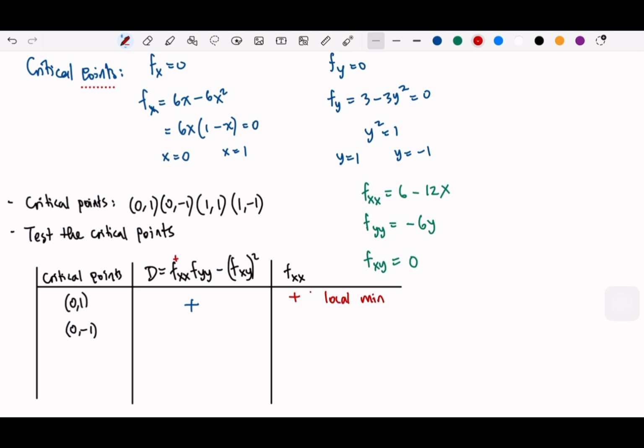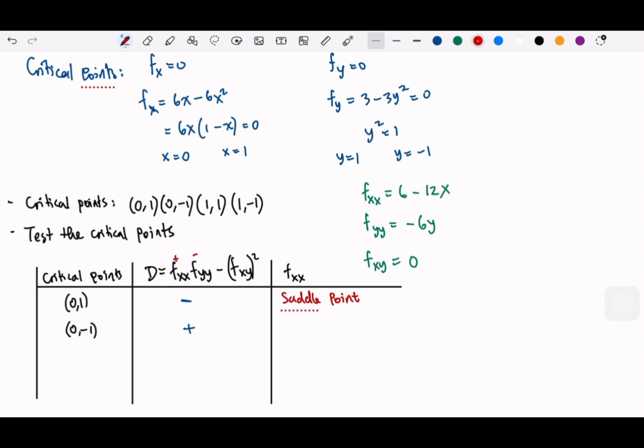YY is oh, wait. I did it wrong. This is supposed to be positive here. This is not positive, right? So if we have 1, it will be negative, right? It will be negative. So it should be negative. So when it's negative, then this is decided to be a saddle point.